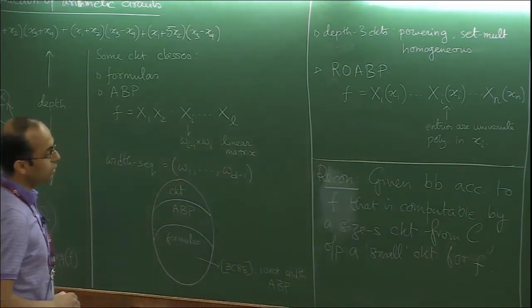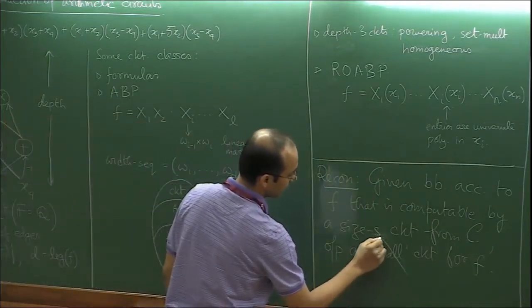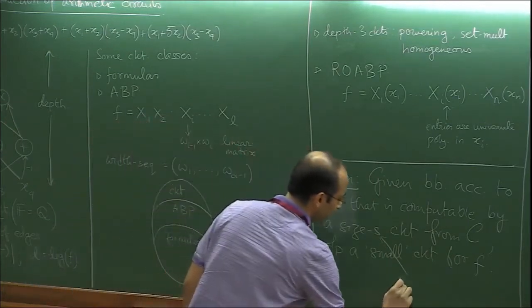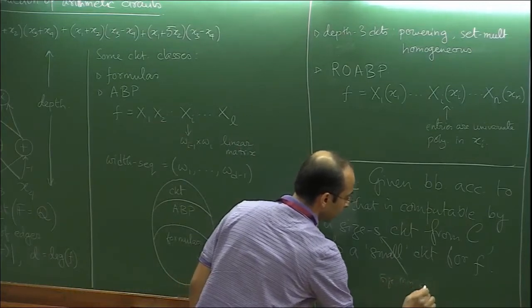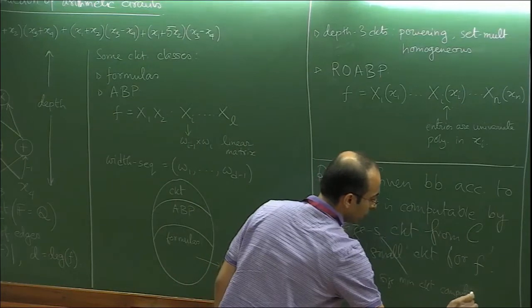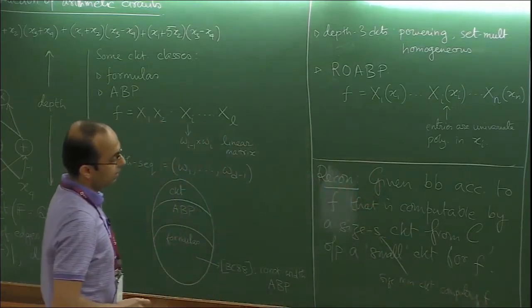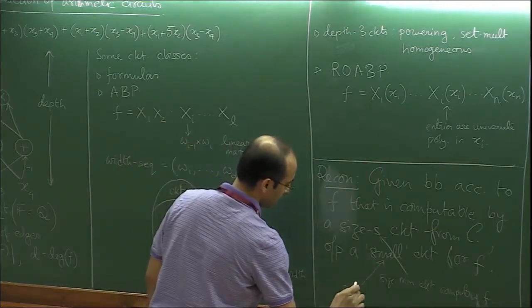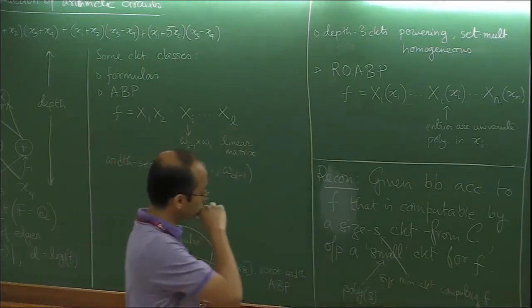You can think of this parameter s as the size of the minimum circuit, the smallest circuit computing f. And by small, we mean ideally poly(s) size. That's the ideal case.